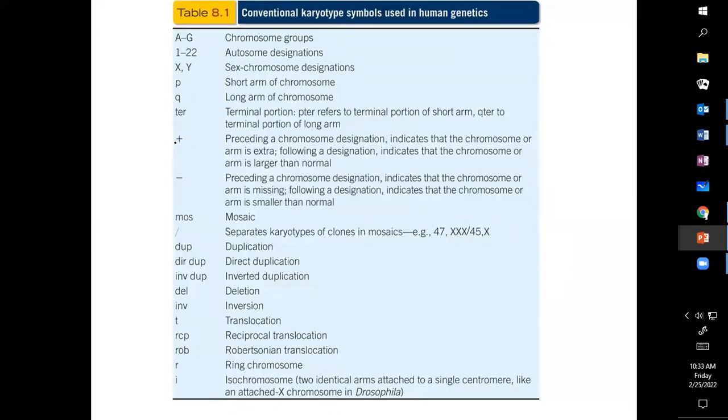There are some common symbols and indications we would use in an abnormal karyotype that I want to point out.